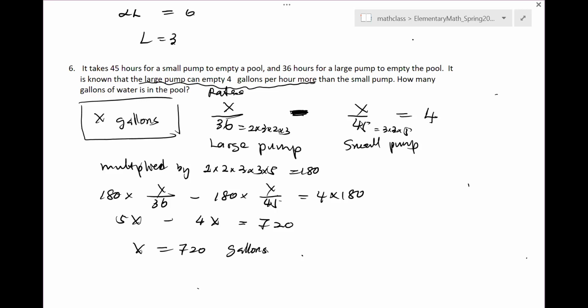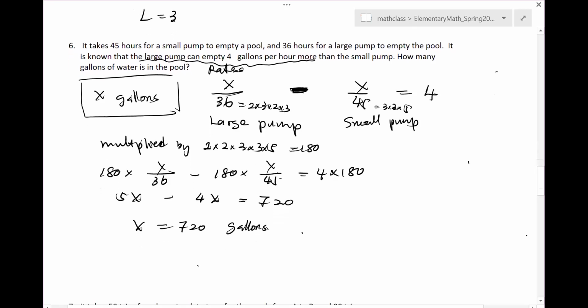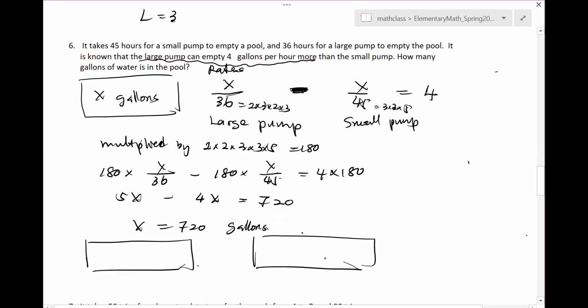So if you use a larger pump, and if you use a small pump simultaneously, let's say it's the exact same pump, same pool here. So this would be the larger pump here, and that would be the small pump here, okay? Let them start at the same time.